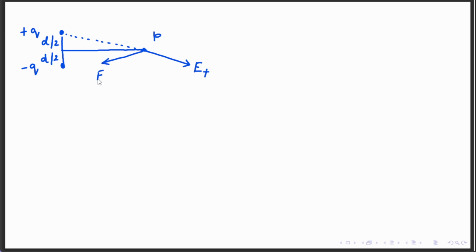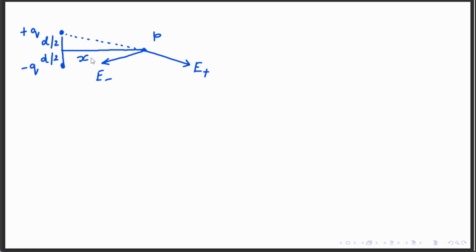So this will be E minus. The reason for these arrows is, as stated in lecture 1 of this chapter, because you have to imagine at P a test charge is placed and the minus Q will attract the test charge and the plus Q will repel the test charge.